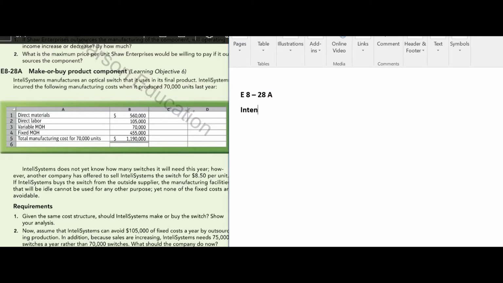The name of the company is IntelliSystems, and we are analyzing whether the company should make or buy. Buy means also outsourcing, right? Decision.